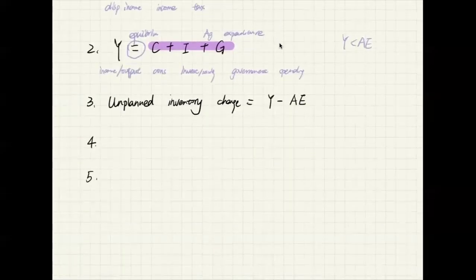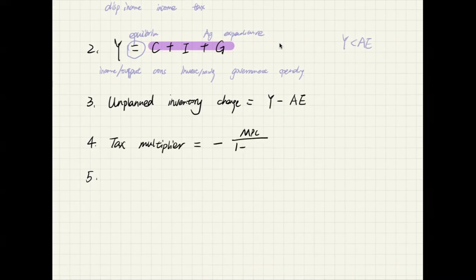The first one is the tax multiplier, equals negative MPC divided by 1 minus MPC. What does the tax multiplier mean? It means the influence of tax on the total output.